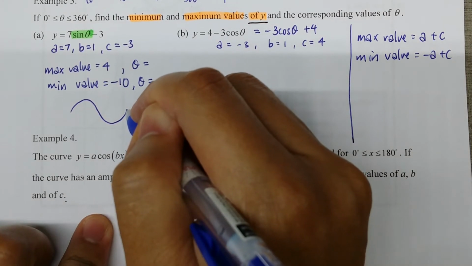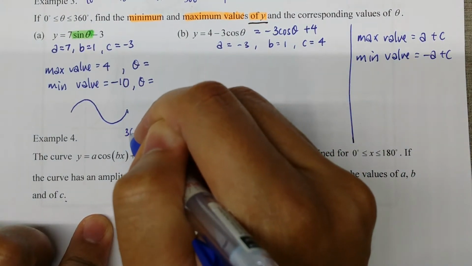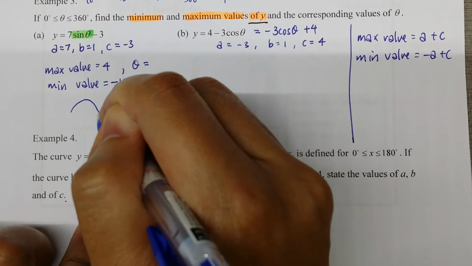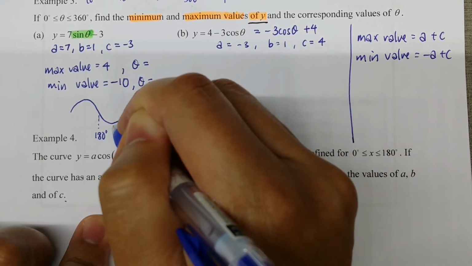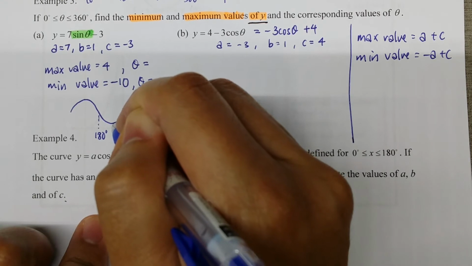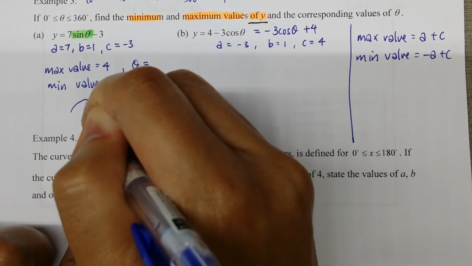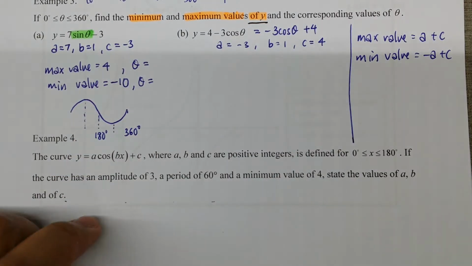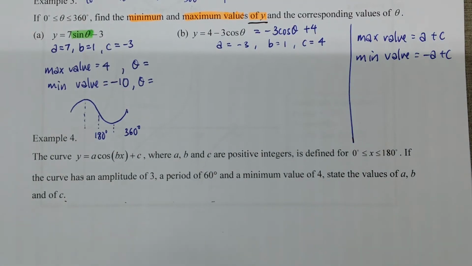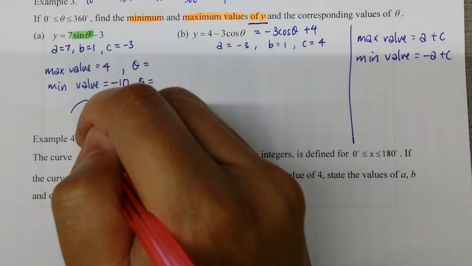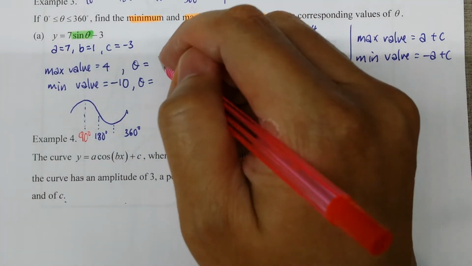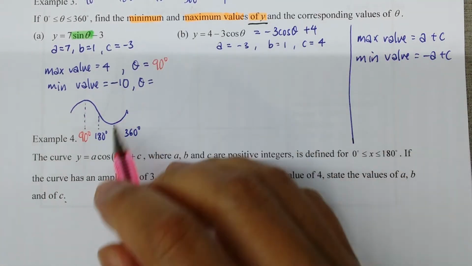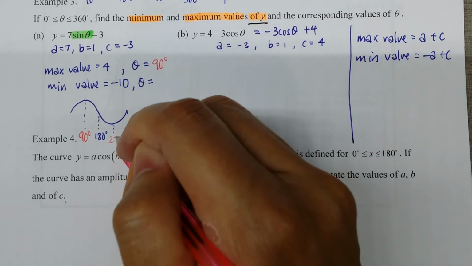So if let's say this happens to be 360, the midpoint here will be 180. So the lowest point here and the highest point here, what's the value? They will be our answer. It will be 90 degrees. Maximum value 90 degrees. Minimum value 270.